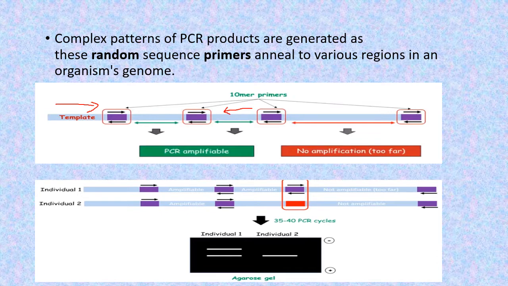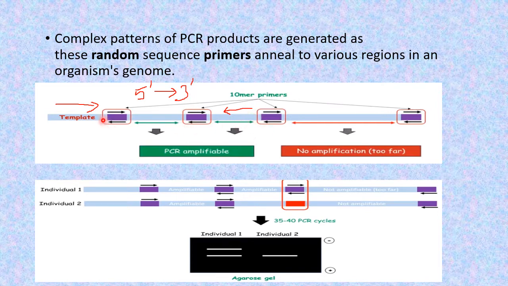The one thing that is definite is that the synthesis will move from 5 prime to 3 prime, because that is the basic requirement of DNA amplification, that the nucleotide will attach to the free hydroxyl group present on the 3 prime end.